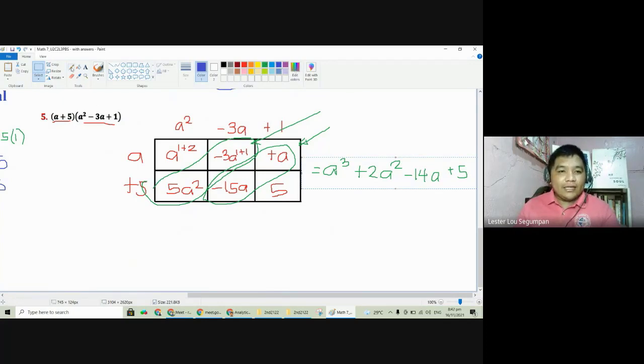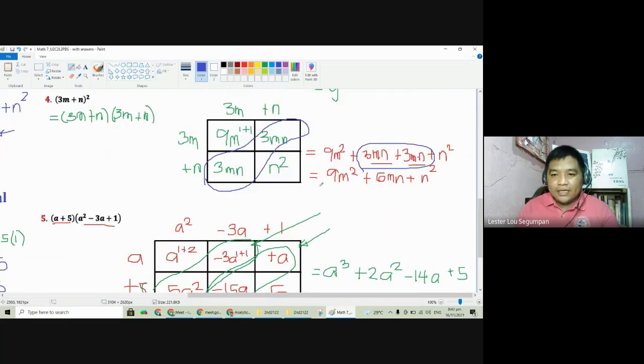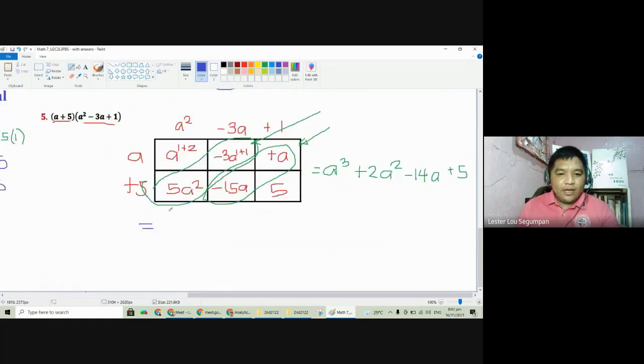But if you don't like direct adding and you just like to use the same process here, you can still do that. a cubed for the first term, let me write it here, plus 5a squared plus negative 3a squared, plus negative 15a plus a, and you have here plus 5.